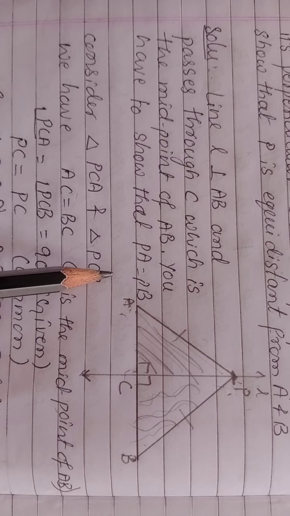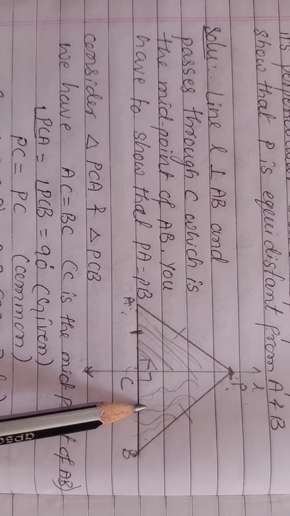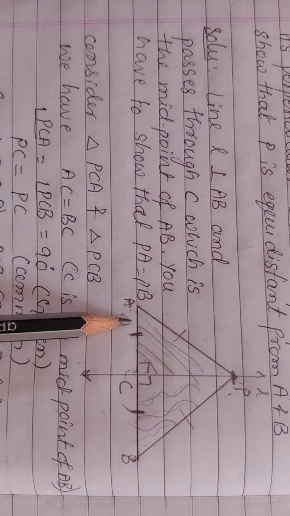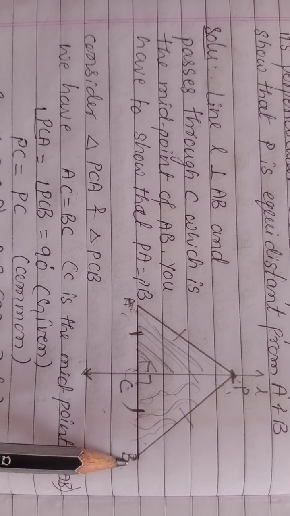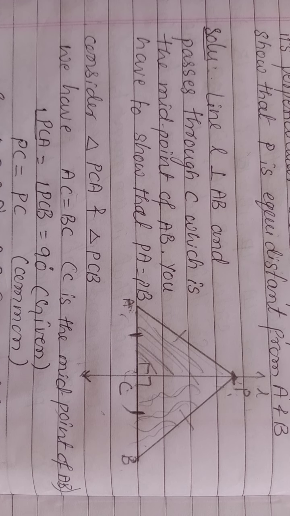Now, in this, because it is a perpendicular bisector, this side will be equal to this side. The base will be divided into two equal parts. That's why AC will be equal to BC, because C is the midpoint.